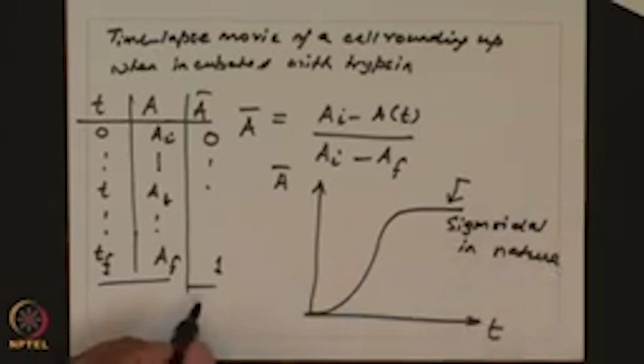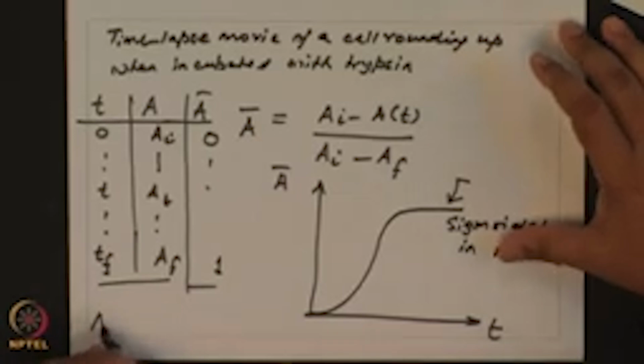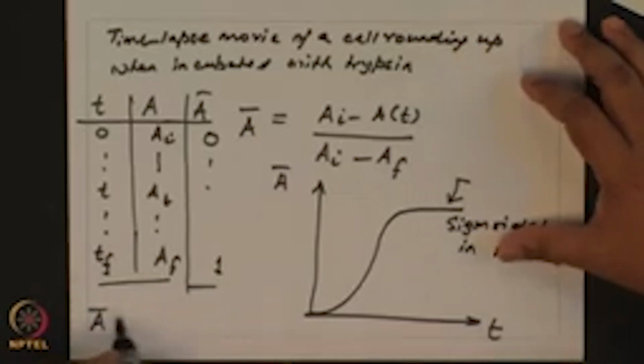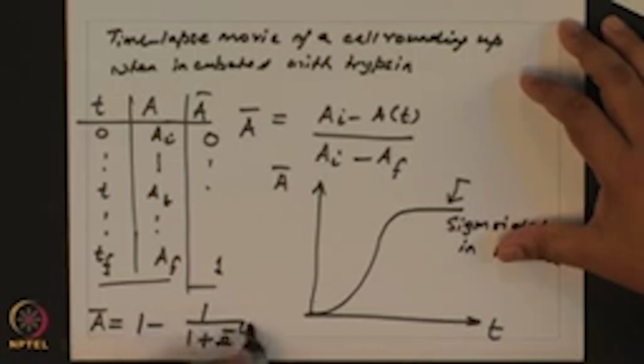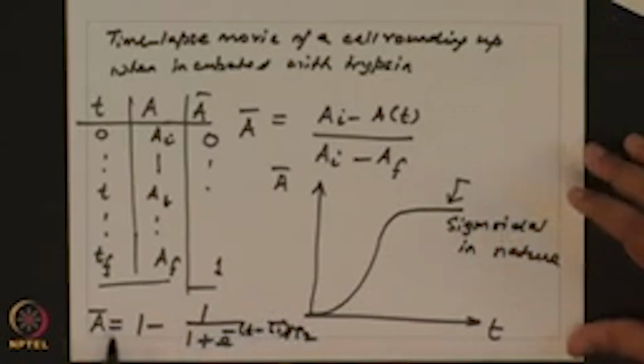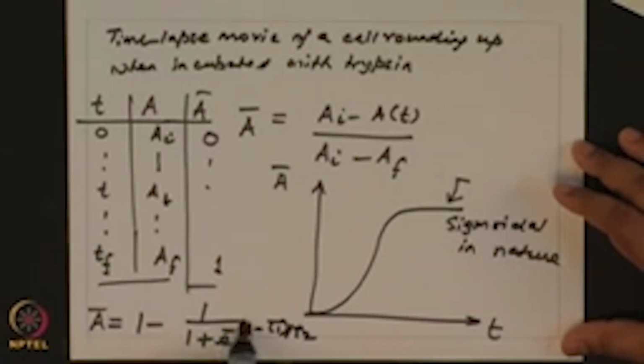For a sigmoidal curve, you can fit this data by the following expression. I can have this particular function A bar fitted to this expression, where I can find out two time constants, tau 1 and tau 2.